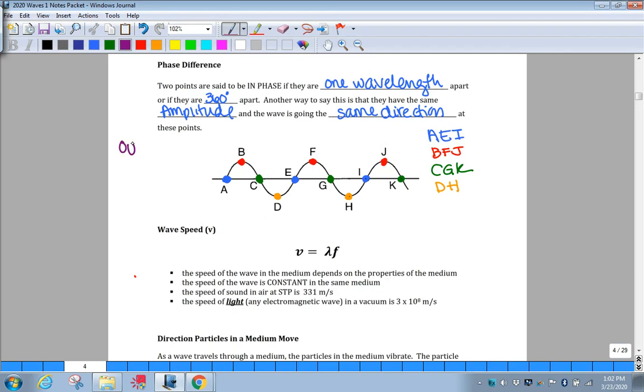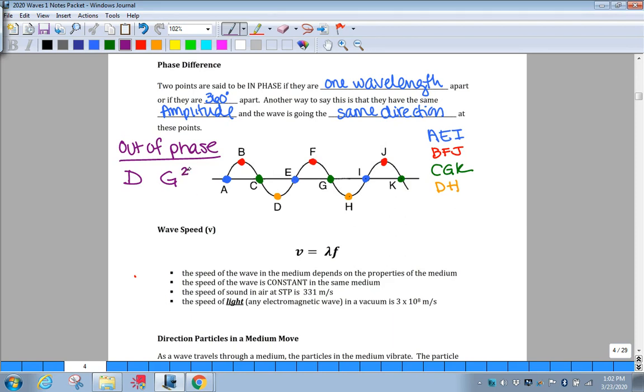Okay, out of phase. And another thing we have to do is be able to tell how many degrees a point is out of phase on a wave. So for instance, if we took point D and point, let's say G, how many degrees separate D and G? So we just add them up. So 90, 180, 270.